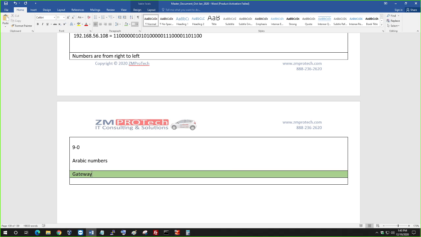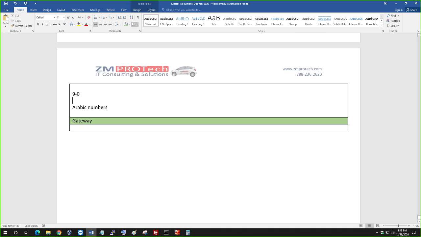So now let's talk about the gateway. Gateway is nothing but the entry point of the network.